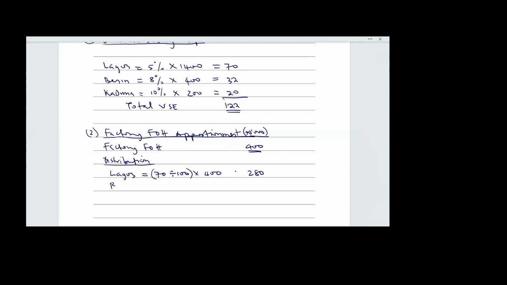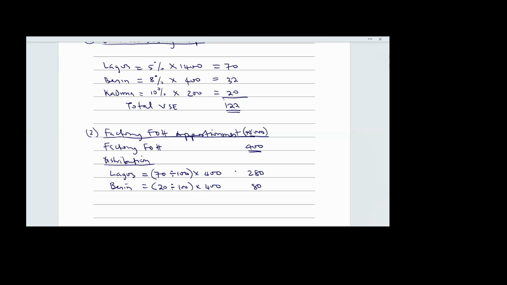Then for Benin, 20,000 units is allocated to Benin out of 100,000. Then multiply by the 400,000 that you want to share. So 20% of 400 will give us 80.